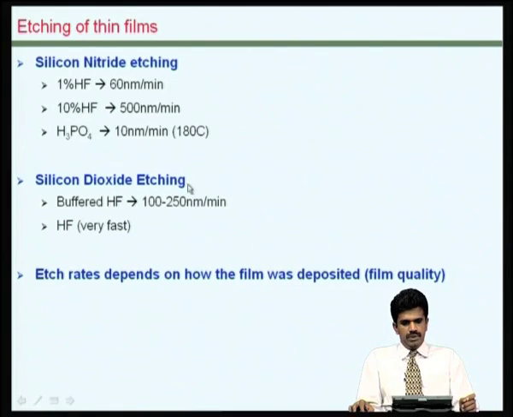It may appear that silicon nitride has a lower or comparable etch rate as silicon dioxide, but it so happens that the nitride films are usually thinner and hence would work far better in the context of silicon etching.